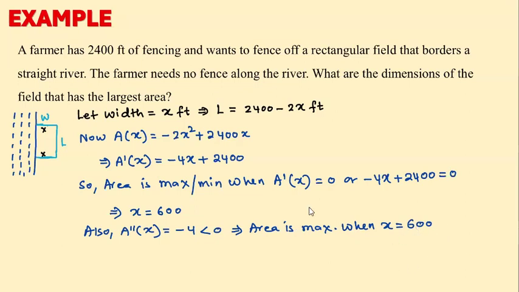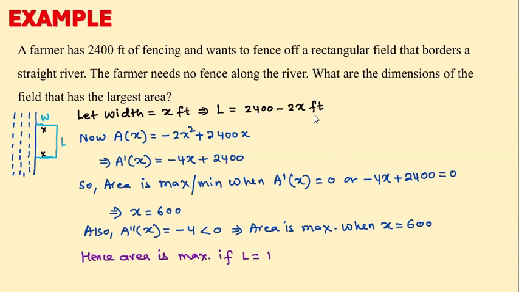We know the area is maximum when the width is 600. We are asked to find the dimensions of that field. Hence area is maximum if length is equal to 2,400 minus 2 times X. X is 600, so 2 times 600 is 1,200, and 2,400 minus 1,200 is 1,200.